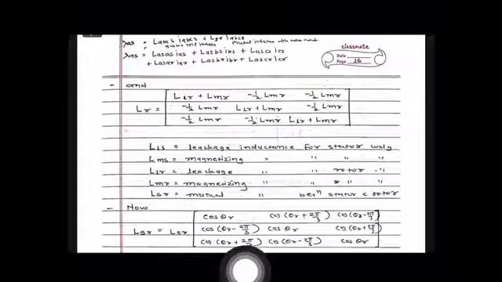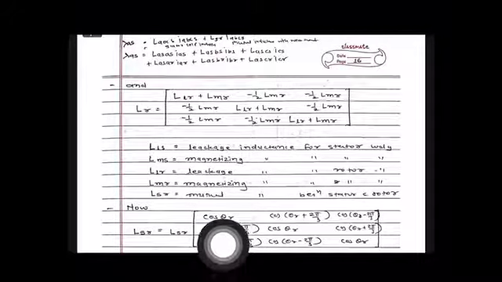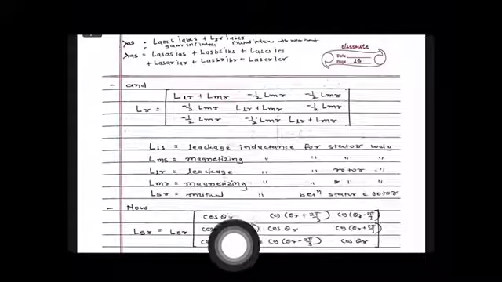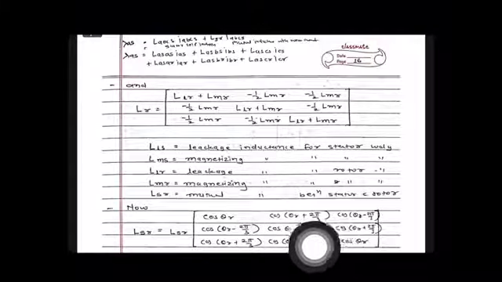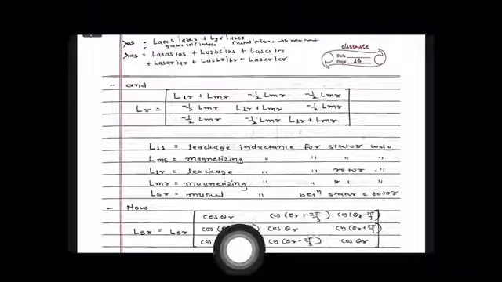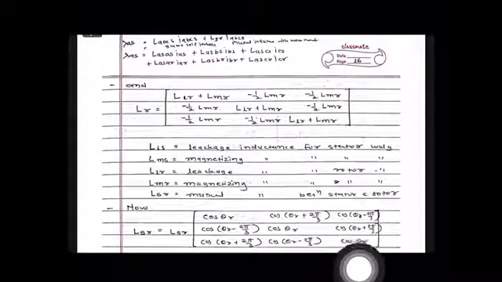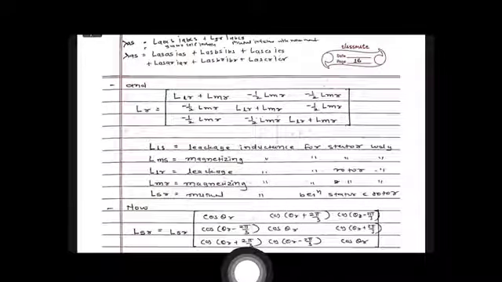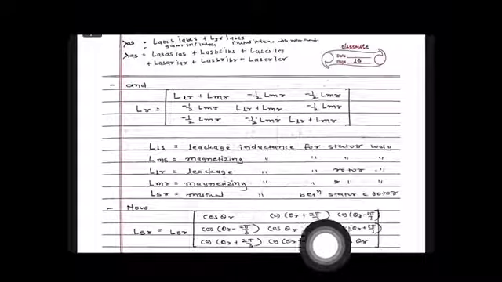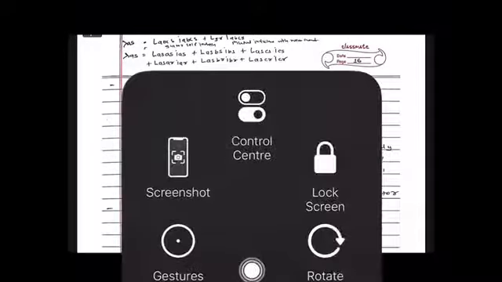So we can simply observe that the diagonal elements are cos theta r, and the next element after theta r is always plus 2 pi by 3. So theta r plus 2 pi by 3, theta r plus 2 pi by 3. After 2 pi by 3 it is the minus 2 pi by 3.